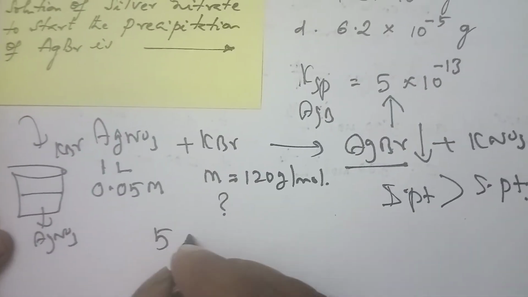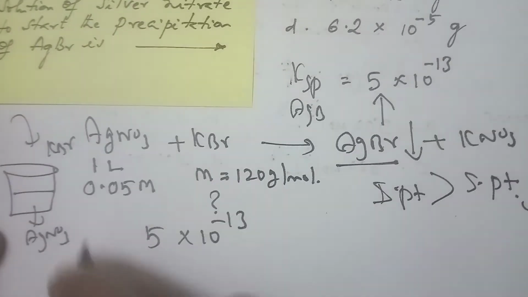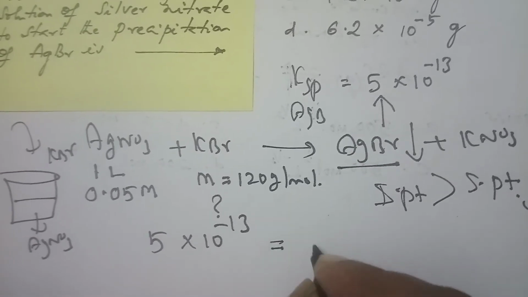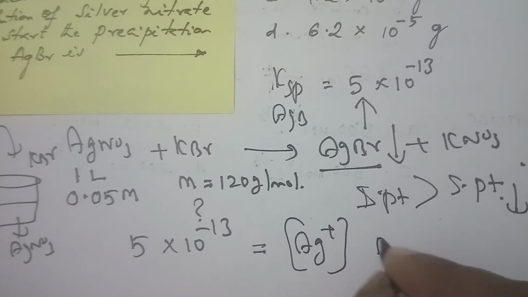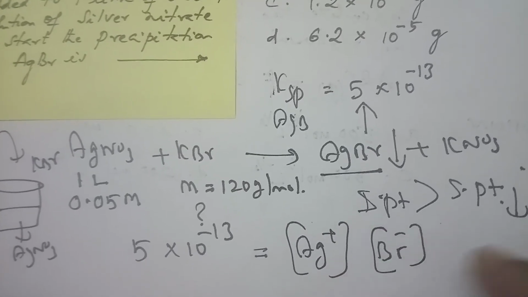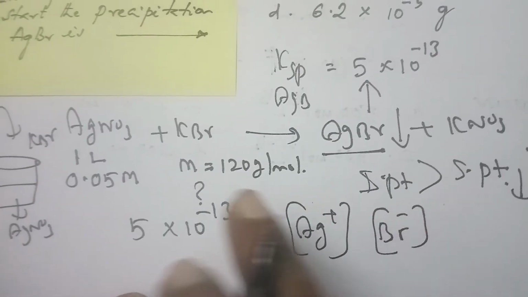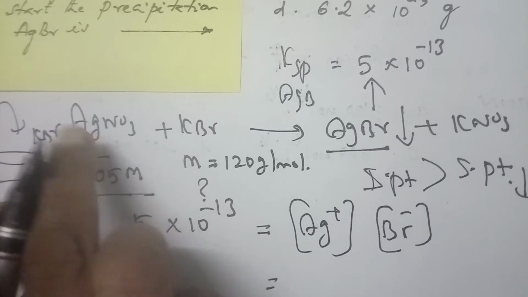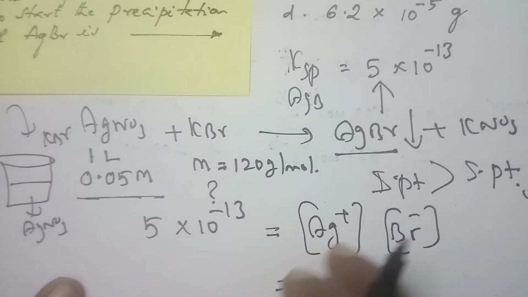Let me write: 5 into 10 power minus 13, the solubility product of silver bromide, is equal to the concentration of silver ion times the concentration of bromide ion. Now let me write the concentration of silver ion. Since it is a strong electrolyte, the concentration of the solution is the concentration of the ion.